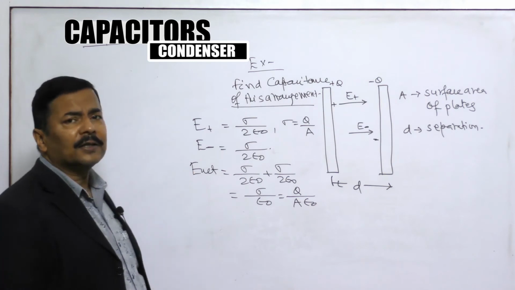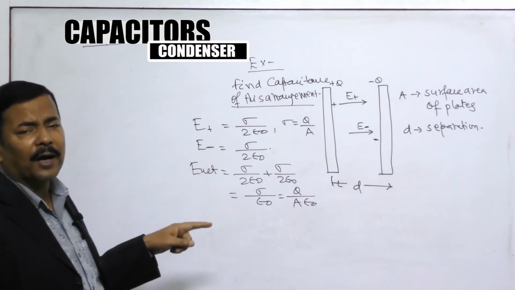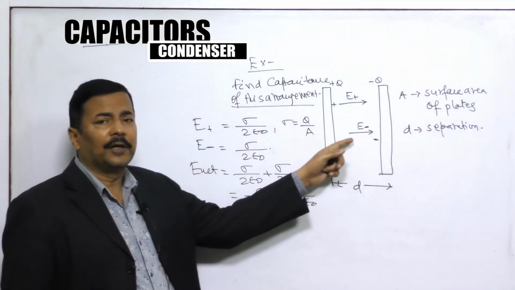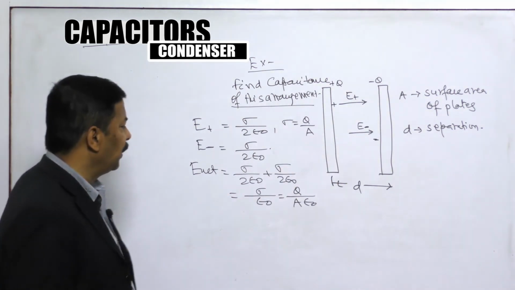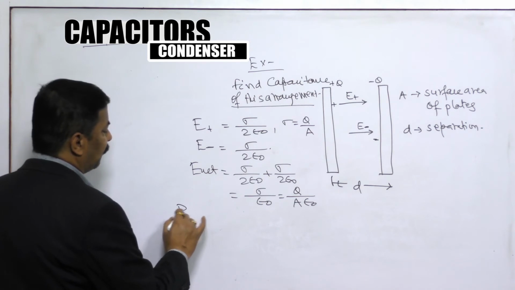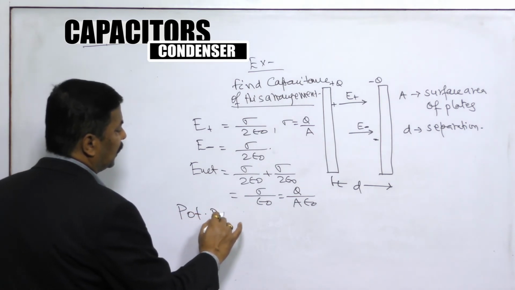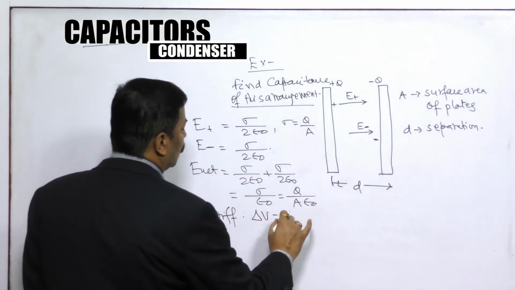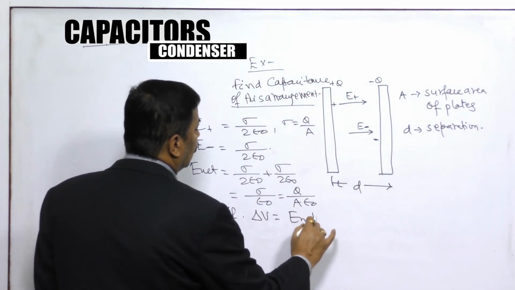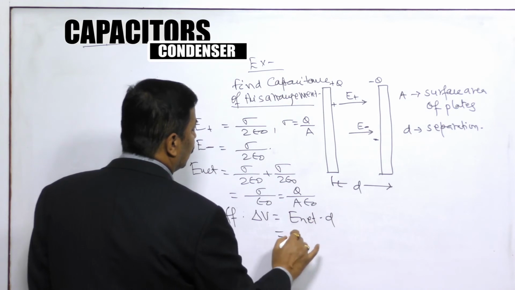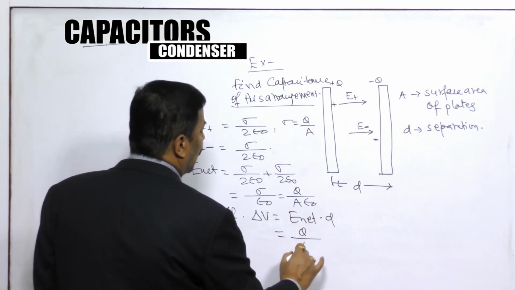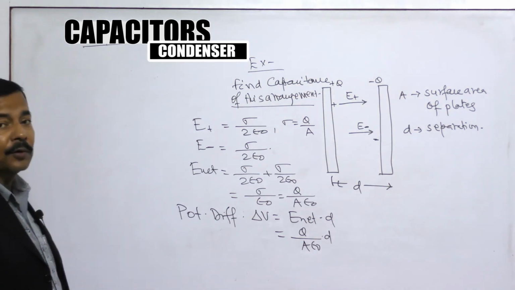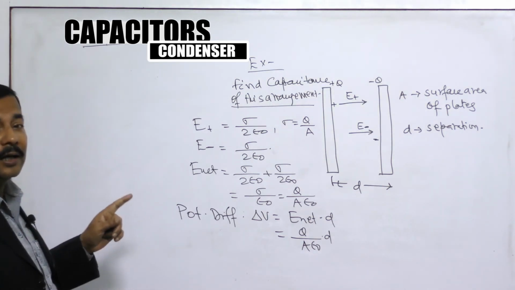Now what is the third step? The third step is to find the potential difference, and here you see the electric field is constant. When the electric field is constant, potential difference delta V is equal to E net into D, that is Q by A epsilon naught into D. And the fourth step, we have to find the capacitance.